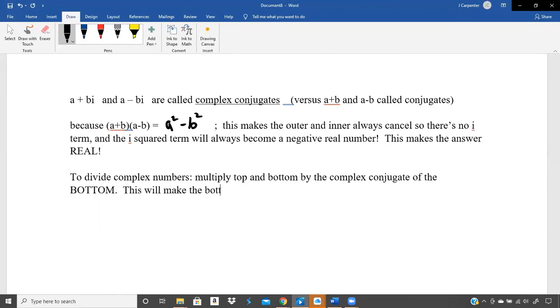This will make the bottom a real number ultimately. That's all we're really worried about. The standard complex form is a plus bi. That means there's no i squareds in answers. There's no i cubes in answers. There's no i's in denominators of answers. And the reason we can't have i's in the denominators is because we can't have square roots in denominators.